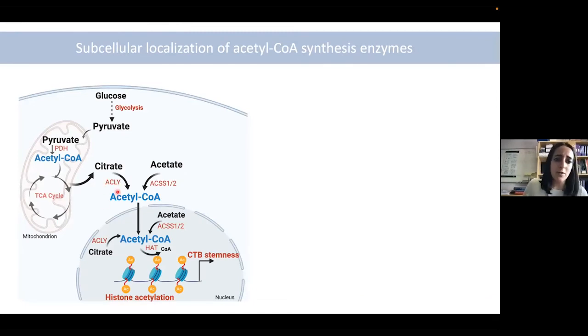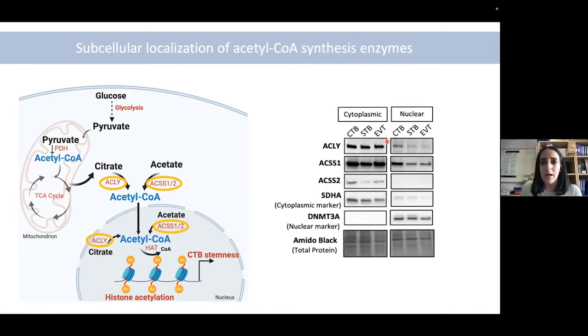Here we wanted to have a closer look at the enzymes that are directly involved in acetyl-CoA production. So we targeted ACLY and ACSS2, both in the nuclei and in the cytosol, and we wanted to check if there was a difference in the levels of these proteins in our three cellular subtypes.